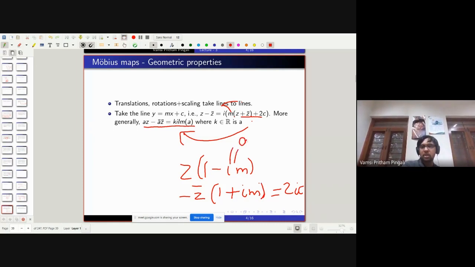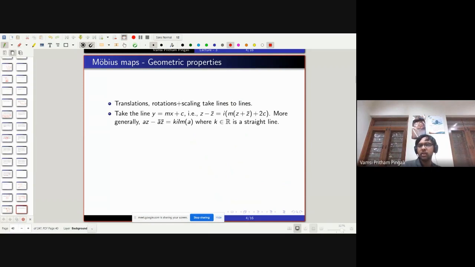In other words, if I call this complex number A, then A z minus A bar z bar is i times 2C, which is i times a real number K times the real part of A. I should have had the real part of A, because the real part of A is the number 1. I could have thought of this as 2 times i times C times 1. I'm sorry for this typo. It should have been the real part of A. Doesn't matter much, as you'll see. So this is a straight line.